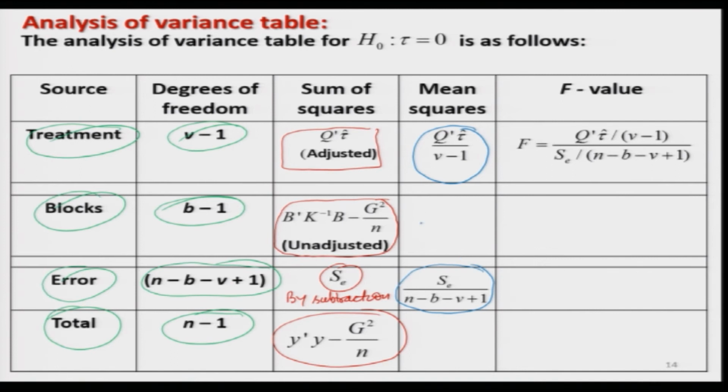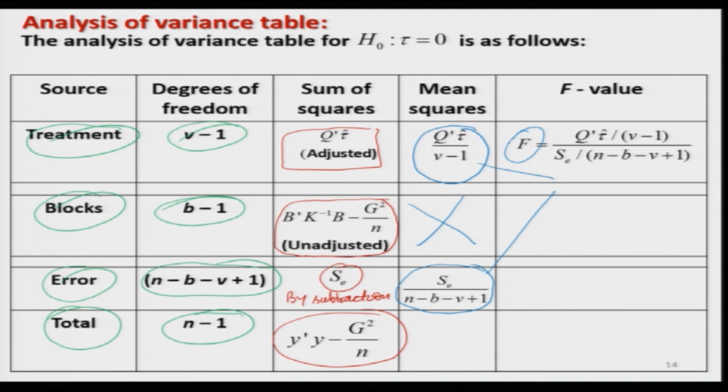There is no mean square here for blocks. And if you take the ratio of the mean square due to treatment and the mean square due to error, you can obtain the F statistic. So, this is what you have to be careful about.